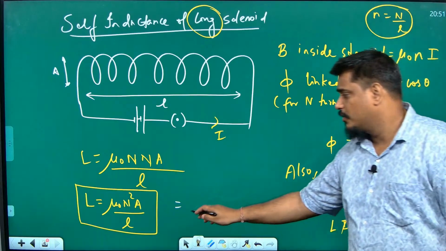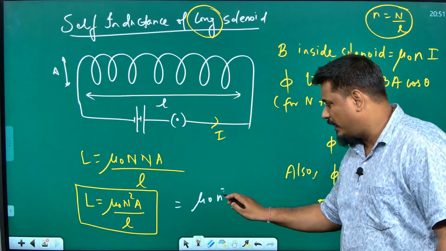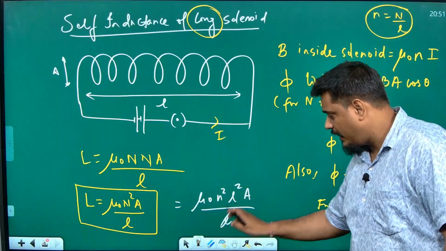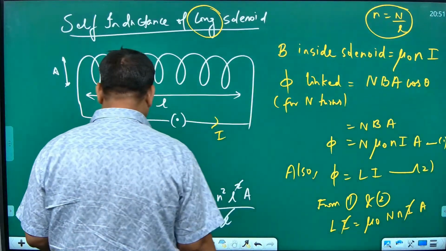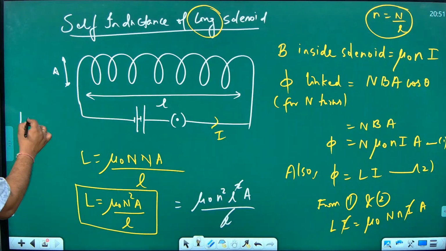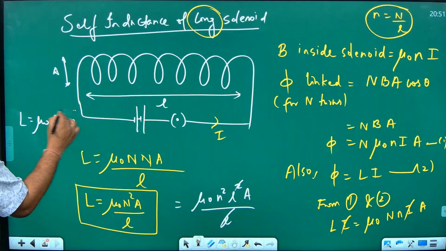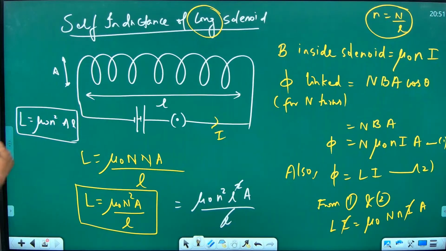So I can write mu naught into n square l square A by l. l gets cancelled. So some book, if you are reading, L is equal to mu naught n square A into l, it means they are taking n as number of turns per unit length. Otherwise, mu naught N square A by l, then N will be the number of turns.